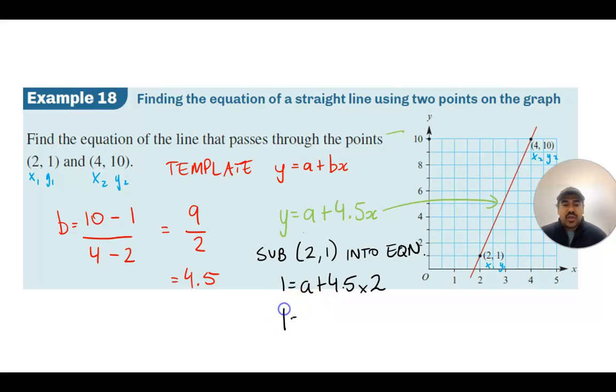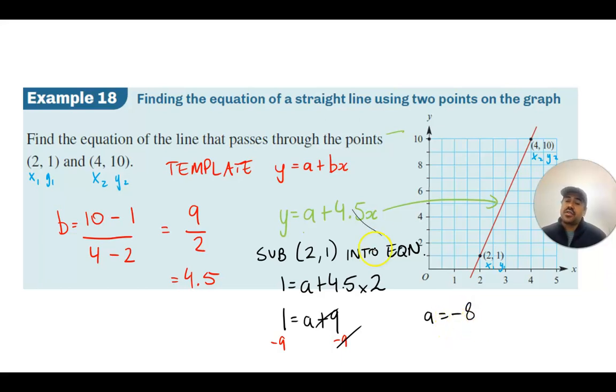Now that we've got this, we can do a little bit of tidy up. We know what 4.5 times 2 is. This is 9. So now we're in this part where 1 is equal to some number added 9. Well, we can use brute force, use logic, or we can just use a bit of inverse operations. And what we'll land with is a is going to be equal to 1 minus 9, which is -8.